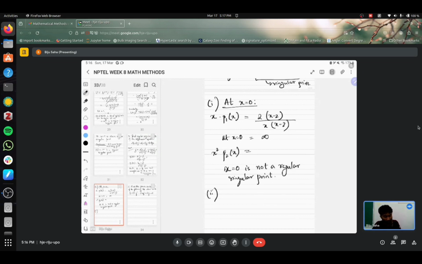Now let us take the second option, that is, at x equal to 2, what happens.